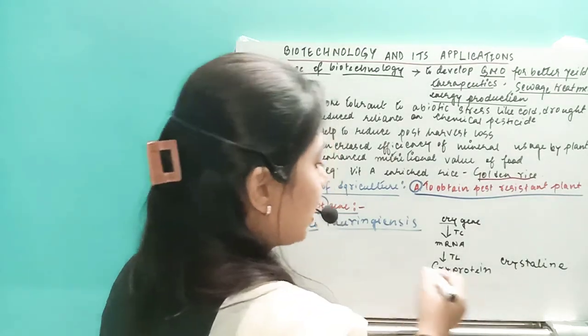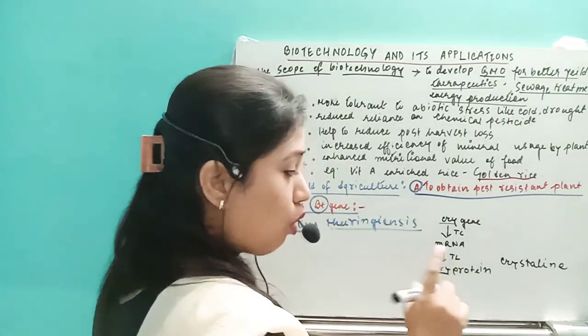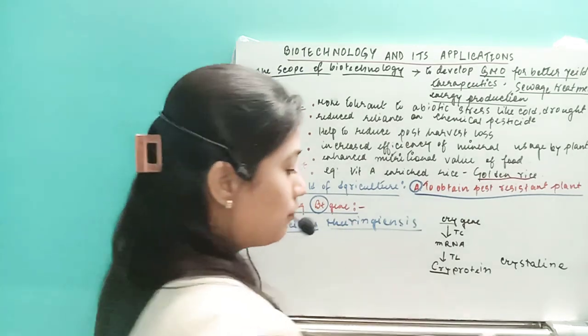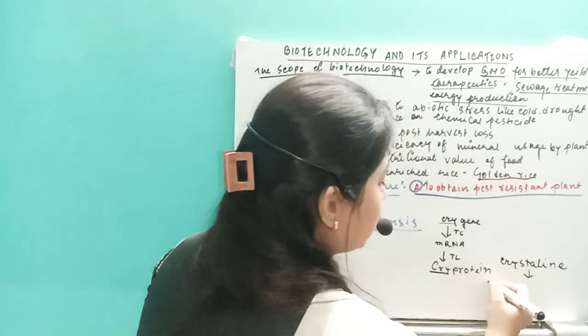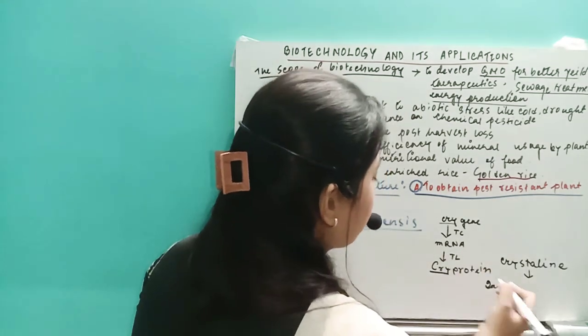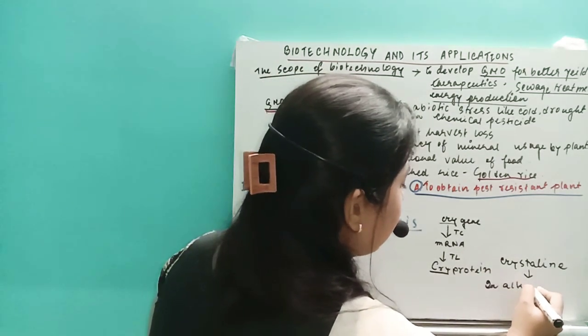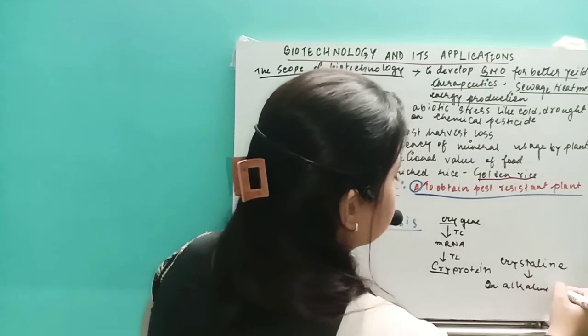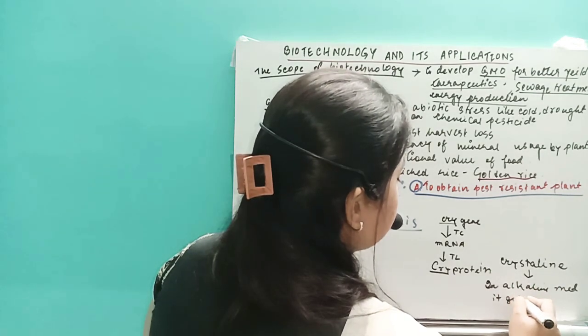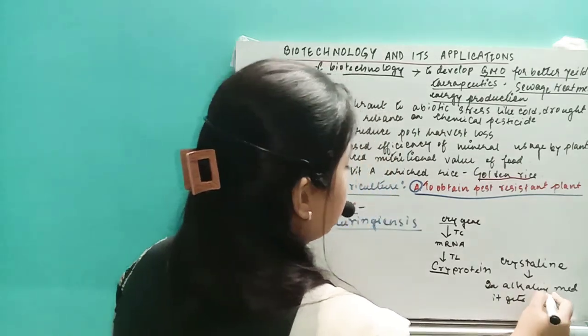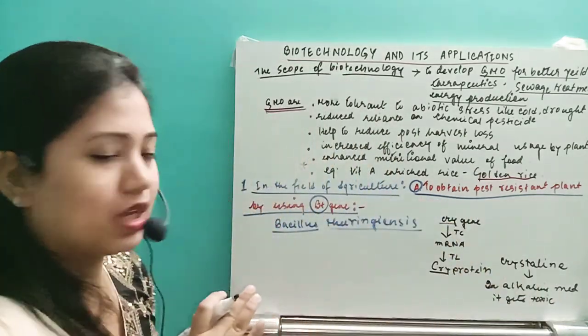So remember that this cry protein, normally it is crystalline, but whenever it reaches the alkaline medium, then it turns toxic. In alkaline medium, it gets toxic.